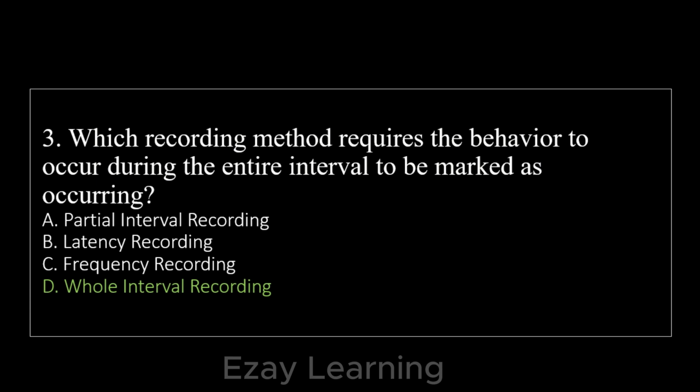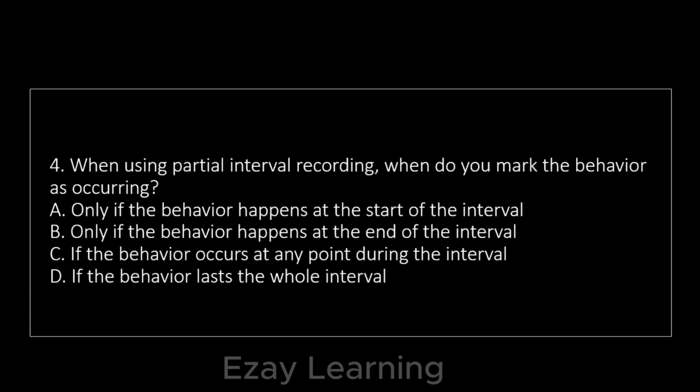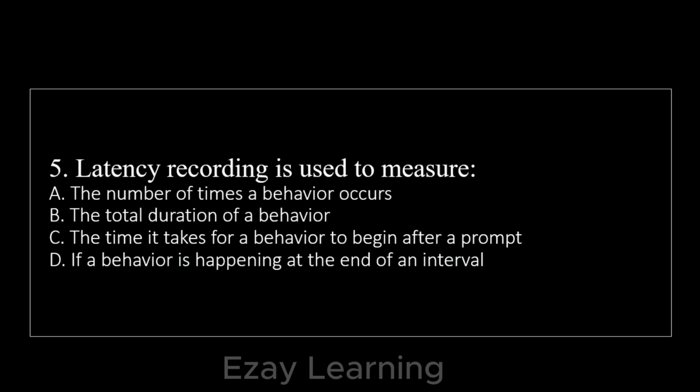Whole interval recording. When using partial interval recording, when do you mark the behavior as occurring? If the behavior occurs at any point during the interval. Latency recording is used to measure the time it takes for a behavior to begin after a prompt.